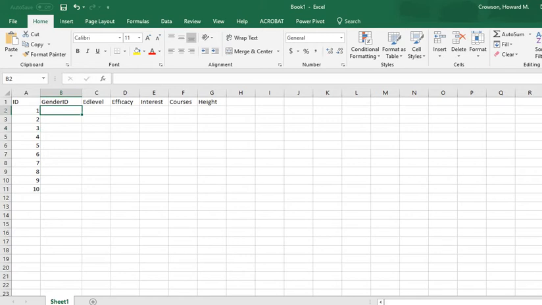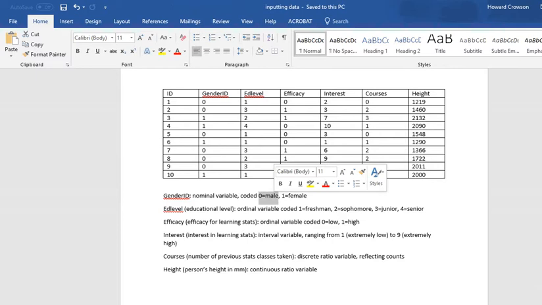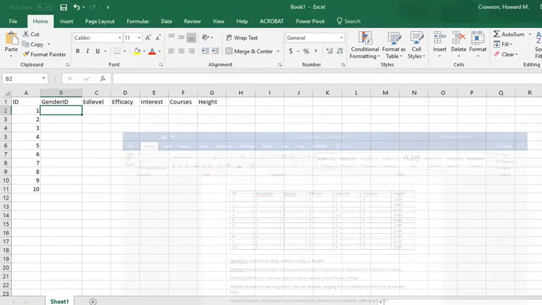So for gender ID, gender is essentially a nominal variable in our data set, with value codes of 0 and 1. So a value of 0 reflects a person who identifies as male. A value of 1 reflects the identification as female. So we're going to type in those values in the program.